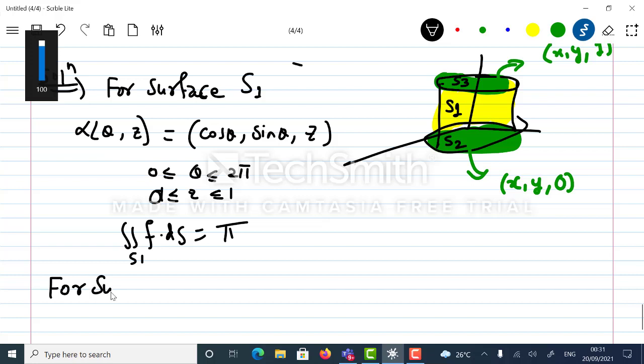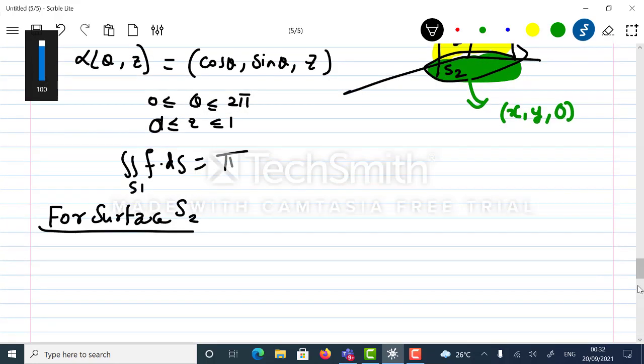So for surface S2, you can observe that z is 0. How will the parameterization be? It will be very simple, because it is only a circle, only a disk.